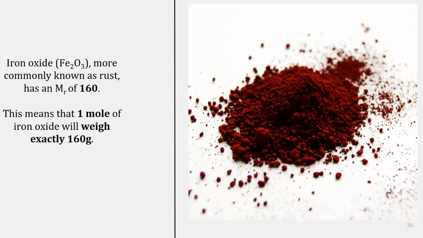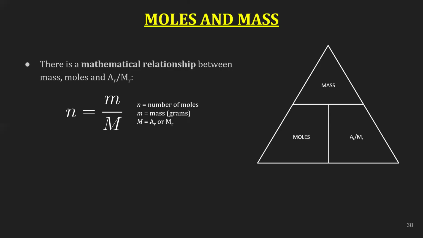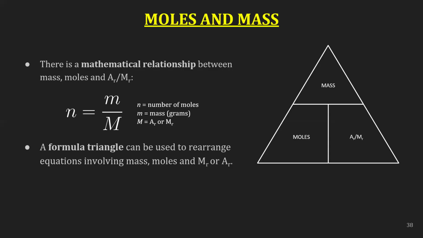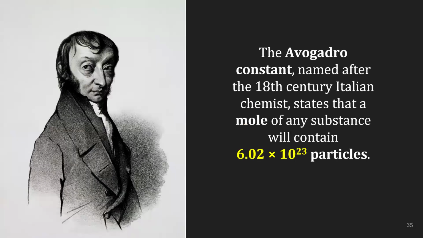Now look at the formula. Okay, done. The Avogadro number says that in 1 mole of any substance, there are this number of particles: 6.02 into 10 to the power 23 particles.